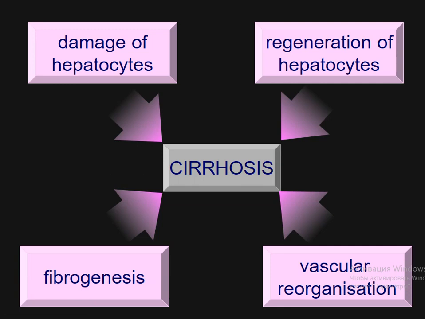Cirrhosis, when we talk about pathogenesis, a little bit for shortness, irrespective of the etiology, involves a combination of a few processes. Damage of hepatocytes, first of all, we talk about hepatocellular necrosis.